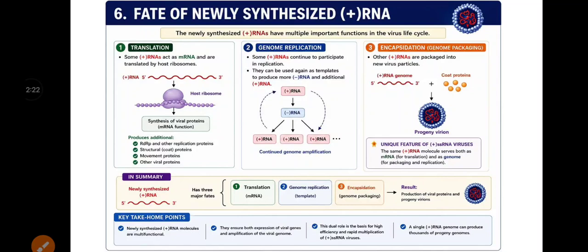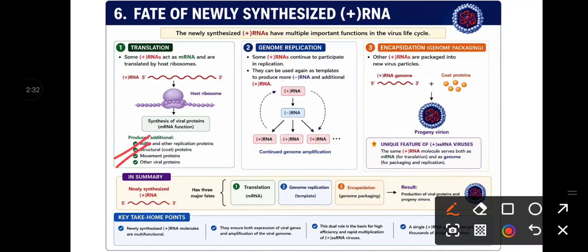So it either undergoes translation to produce the functional proteins like RdRp or coat protein, movement protein, and other viral proteins that are required for the virus functioning. Or it is for multiplying the genome of the virus, or ultimately they will assemble. So here the coat protein and the genome will assemble and form the progeny virus.